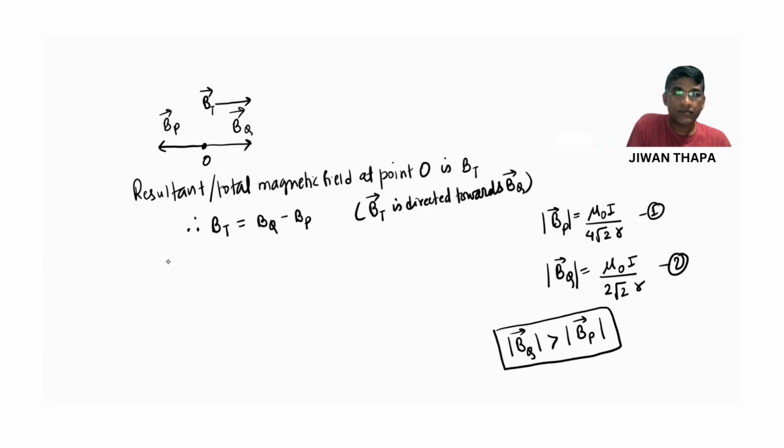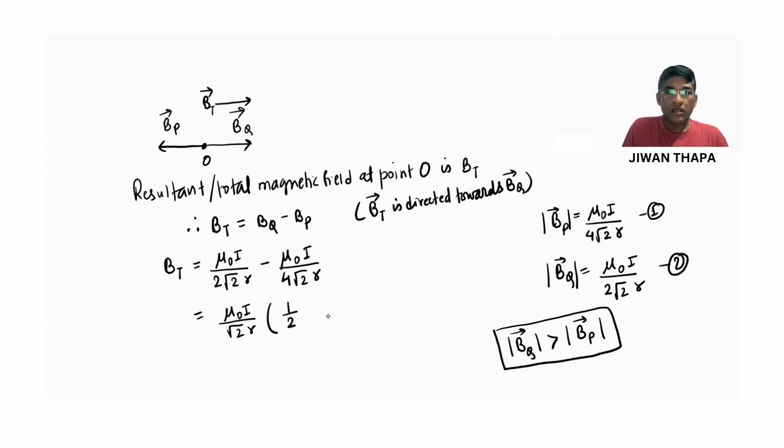So let's find this, okay? So BT equals BQ and BQ is mu naught I by 2 under root 2 R minus mu naught I by 4 under root 2 R. Now we can take this common, okay? So we have 1 by 2 minus 1 by 4.